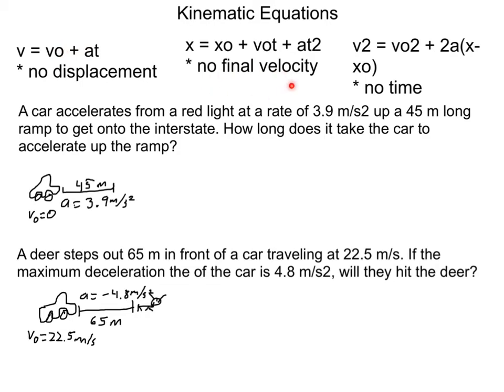If you don't know final velocity, then this one's going to be great. I have final position equals initial position. By the way, if I subtracted this to the other side, x minus x naught, that's final position minus initial position, that would be a displacement. So final position equals initial position plus initial velocity, v naught, times time, plus a acceleration times time squared.